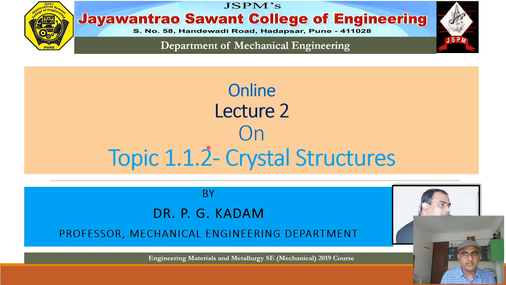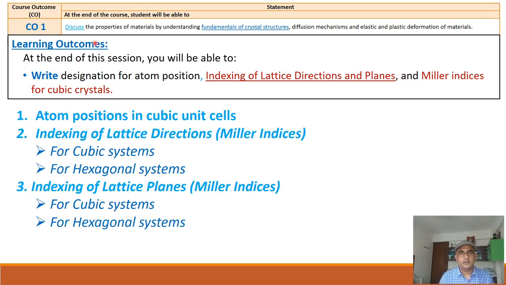In connection with the previous lecture, this is the course outcome for this unit: discuss the properties of materials by understanding fundamentals of crystal structures, diffusion mechanism, and elastic and plastic deformation of materials.